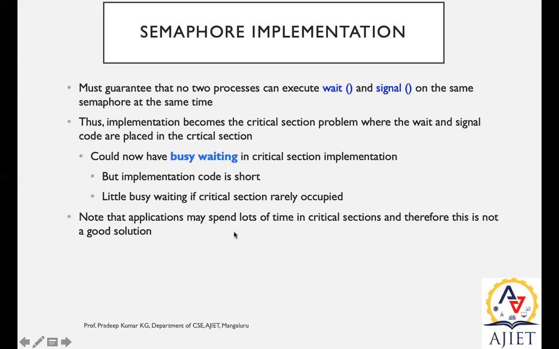When a particular process is engaged in its critical section execution, others may have to wait for a longer period, because some process is already busy waiting in the critical section, as it is a single atomic instruction. That's why it is not a good solution.